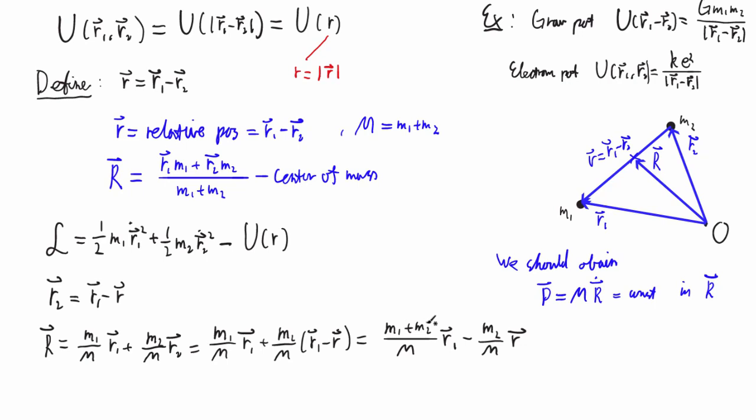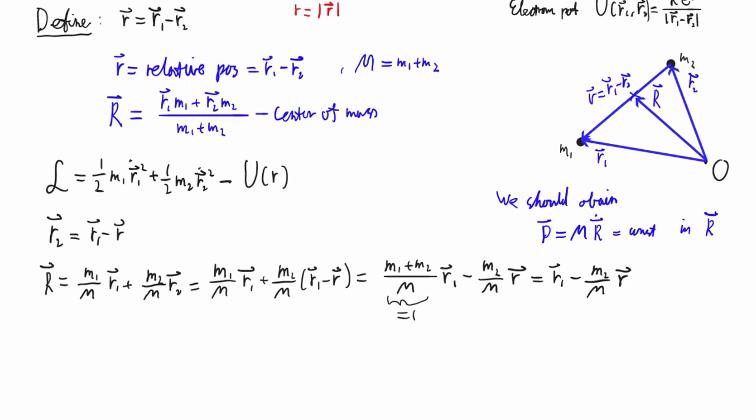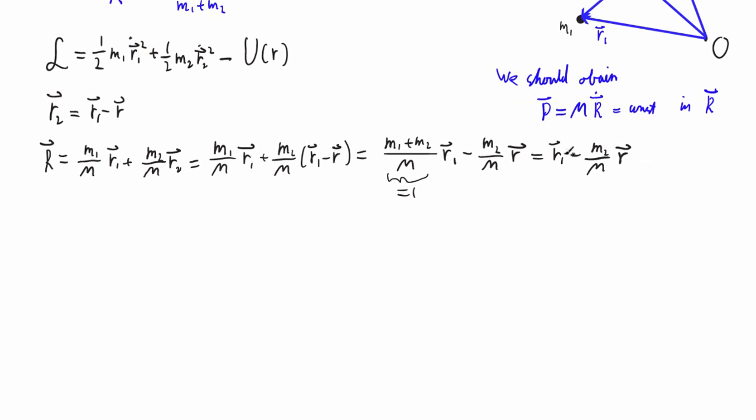And we can see that m1 plus m2 divided by capital M must be 1, because, of course, capital M is m1 plus m2. So that makes it very simple to solve for R1.